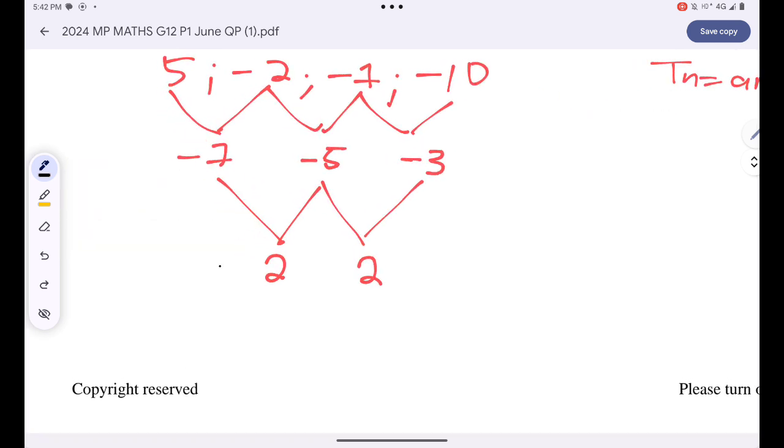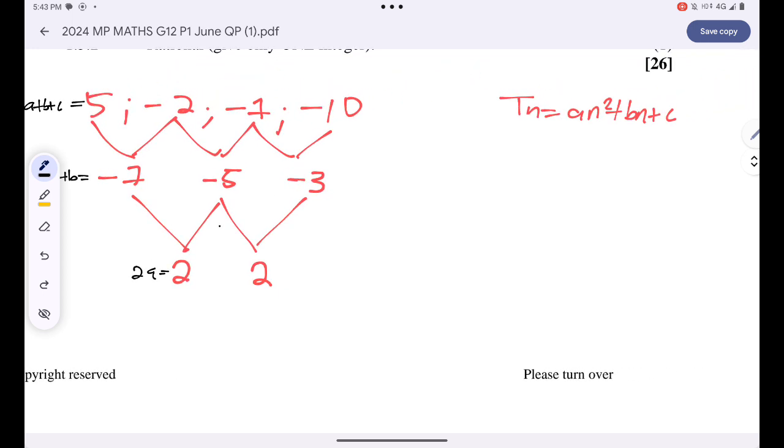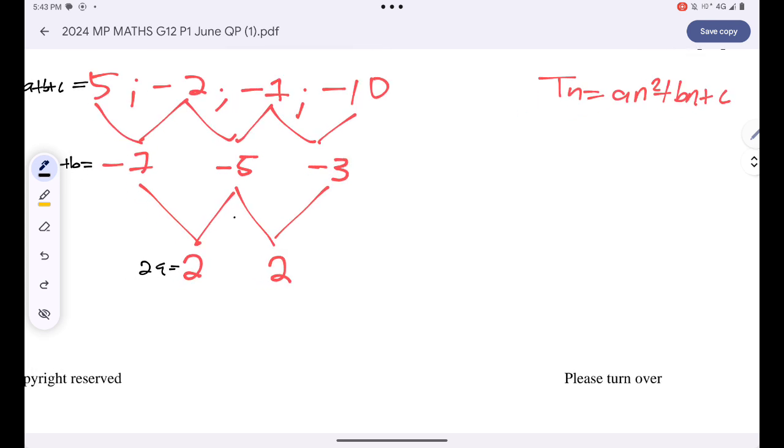I know that 2A is always equal to the second difference of my quadratic number pattern, and then 3A plus B is always equal to the first term of the first difference, and then A plus B plus C is always equal to the first term of my sequence. So for me to have the nth term, I just need to know the values of A, B, and C.